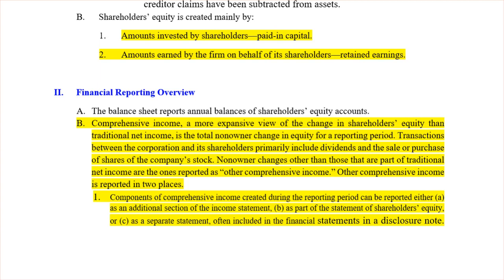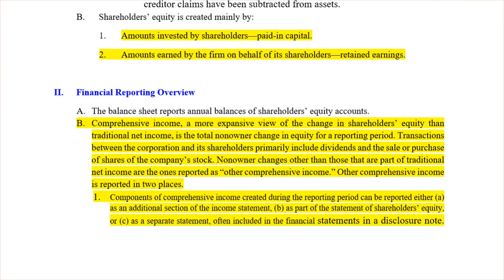That's what's being discussed here in B. And they say you can just really continue with it as an additional section of the income statement. So you'll have net income, and then you'll kind of tack on to the bottom, which is A. And the example I gave you for Berkshire Hathaway, that's what they did. They tacked it on to the bottom.